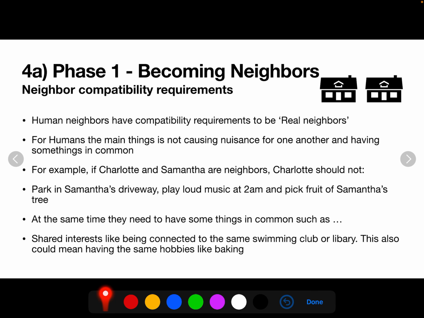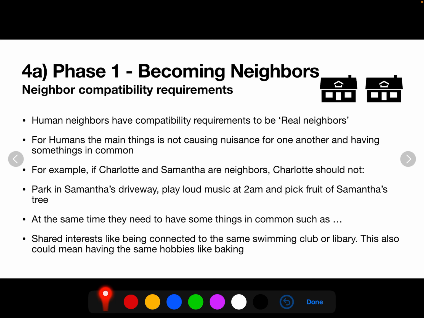For humans to get to that position, there need to be some compatibility requirements. They might be unspoken, but there has to be some compatibility in order to be true neighbors. The main things are not causing a nuisance to one another and having some things in common. In my opinion, that's what it comes down to.